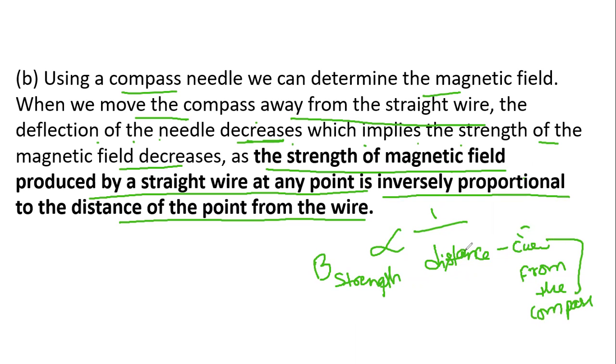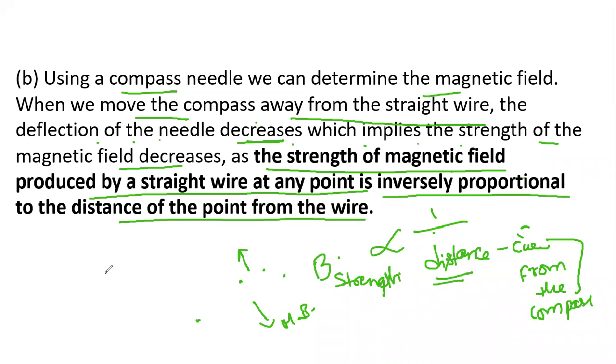How much distance is it? That is going to give a clear picture of the strength of the magnetic field. Always both are inversely proportional. If there is less distance between them, there will be a strong magnetic field. If the distance is very far, the magnetic field will be very less.